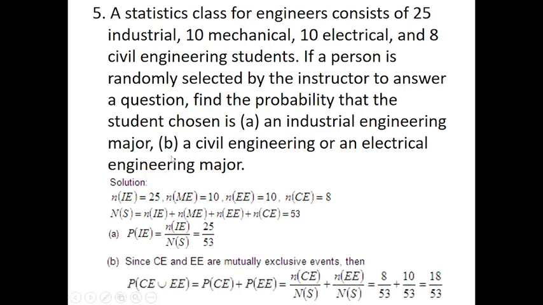Letter B, a civil engineering or an electrical engineering major. Take note of the word or. Okay? Since CE and EE are mutually exclusive events, then the probability of CE union EE, yung dalawa na yan.